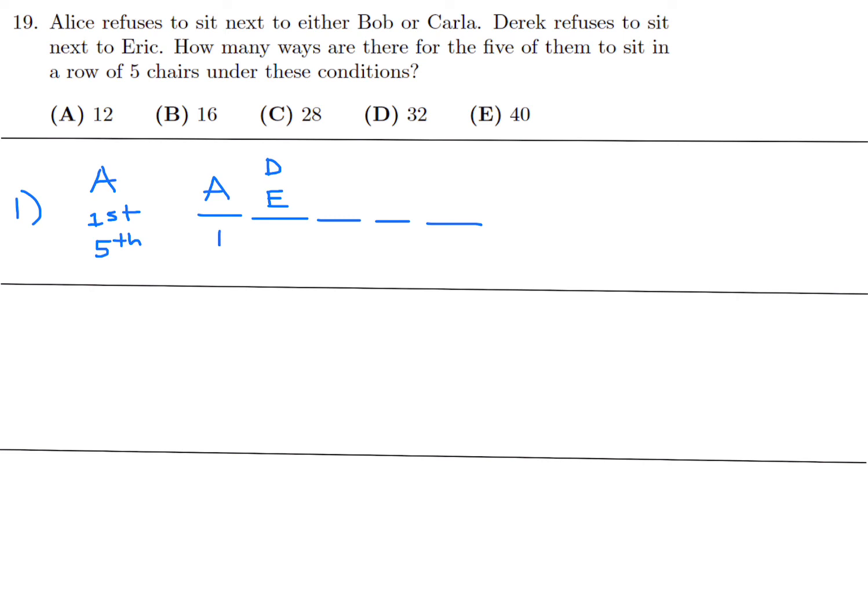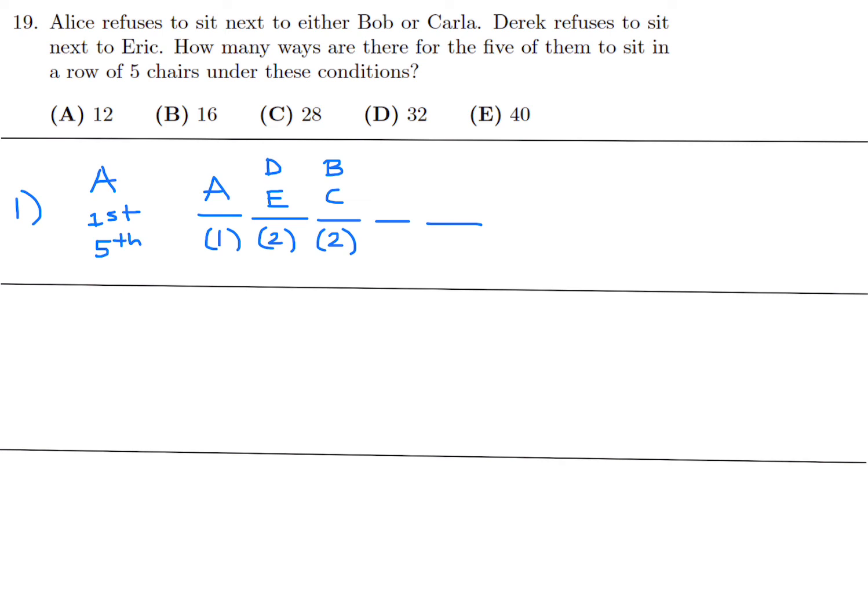So I've got one choice here that's fixed as Alice, and then 2 choices, either D or E. And then the next one over, we can't put Eric or Derek because they can't sit next to each other. So we've got to put either Bob or Carla. So I got 2 choices there.